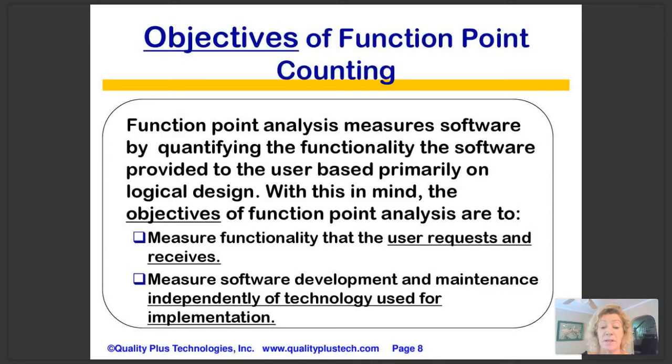So the objectives are to measure the functionality that the user requests and receives in the software, and it measures it, and this is absolutely critical, independently of the technology used for implementation. When we talk about implementation, we're talking about construction. We're talking about building. So when we measure software development and maintenance, we're measuring the functionality, not how we build, purely what the software does.